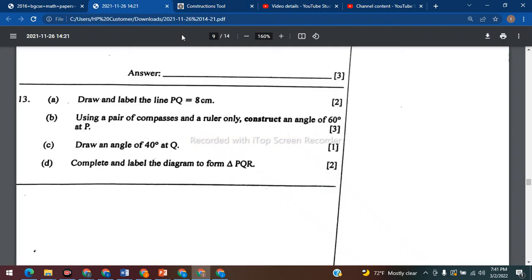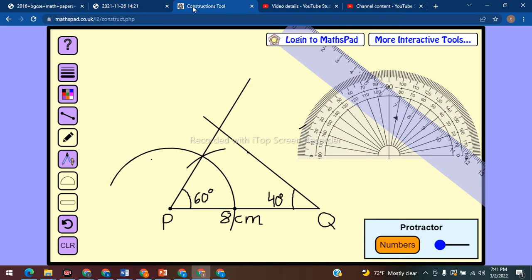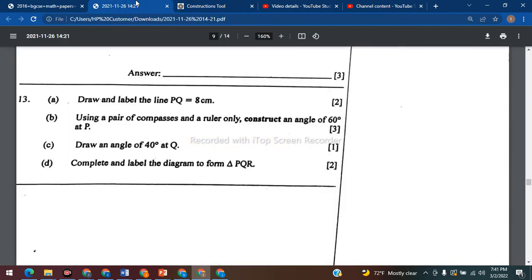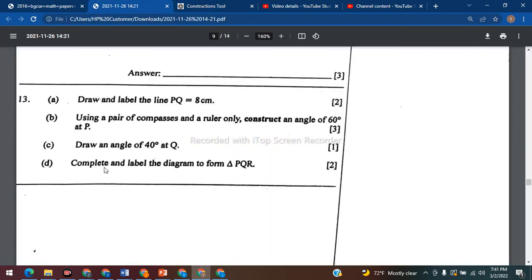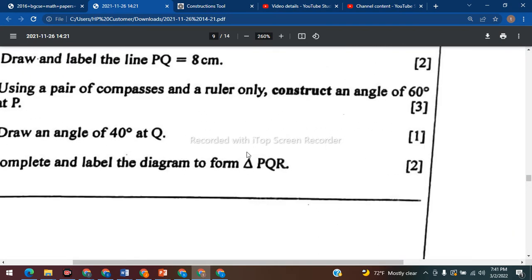Can you go back to that, please? Did they tell us what to label it? O, P, Q, R. Okay. So they tell us to complete and label the diagram to form a triangle. You see, they give you the symbol.